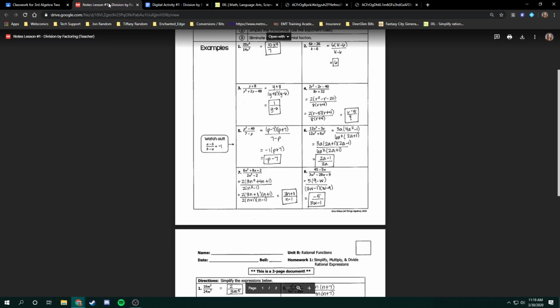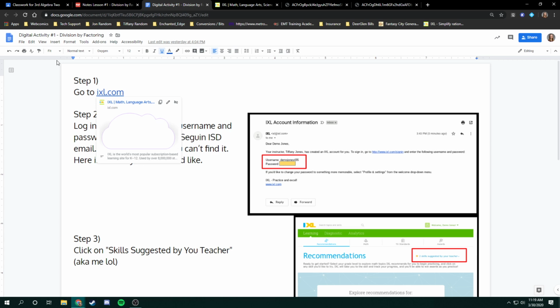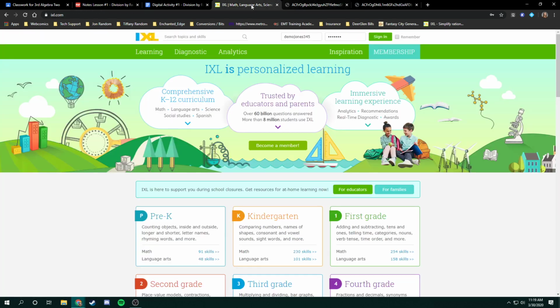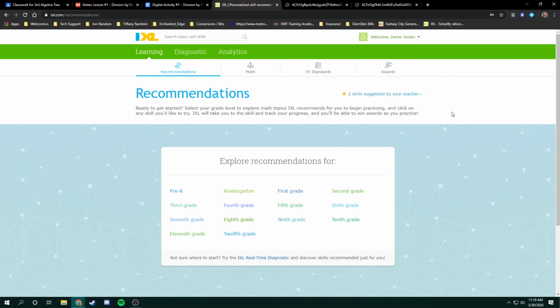Totally professional. Oh, 435. Okay, I got my username wrong. Okay, so once you log in, remember your login information is in your Seguin ISD email. Contact me if you can't find it.